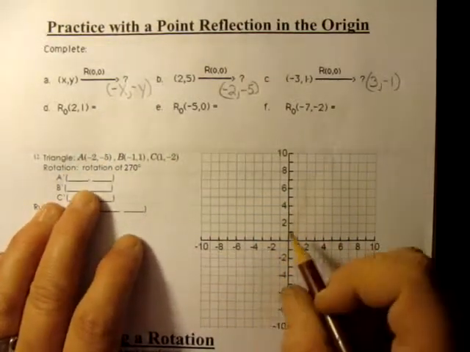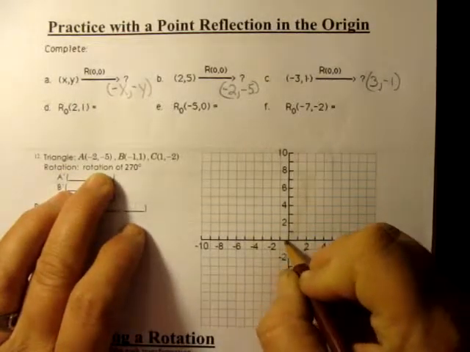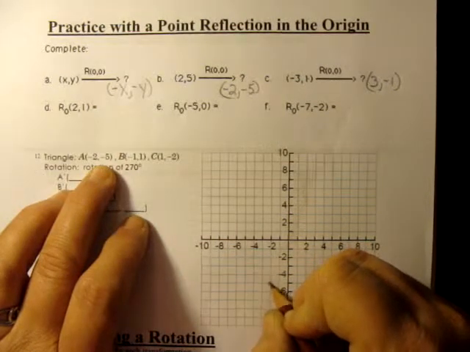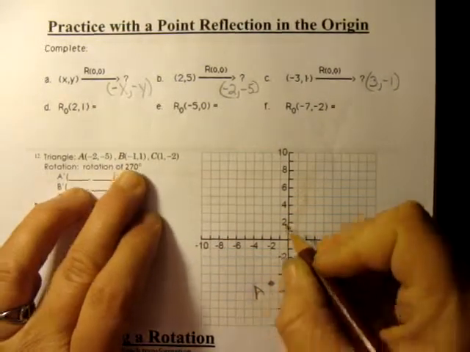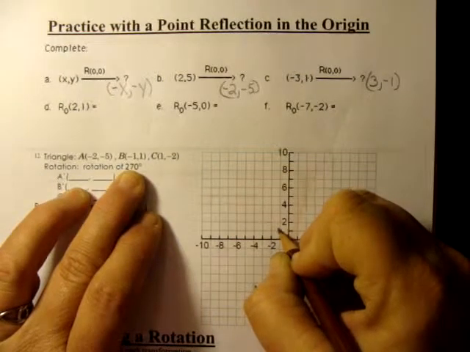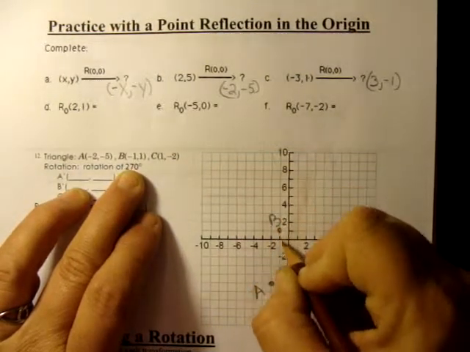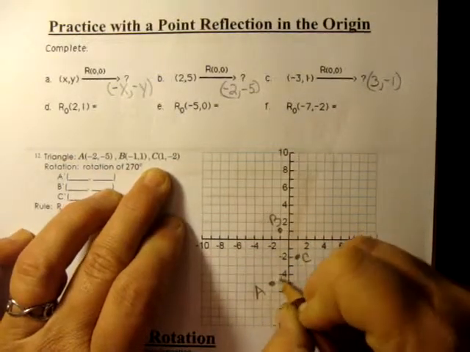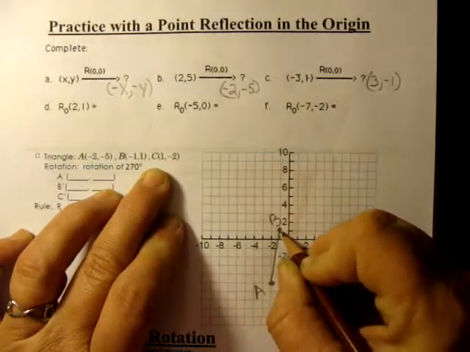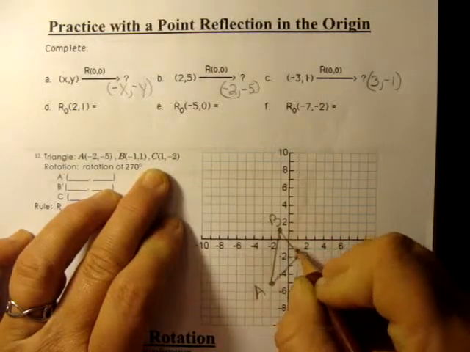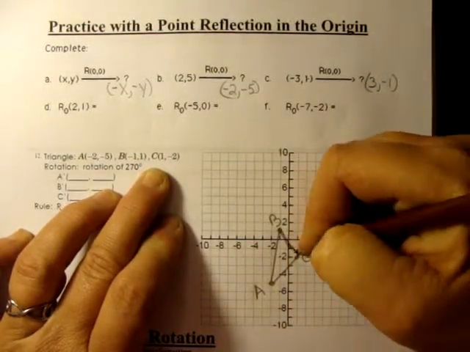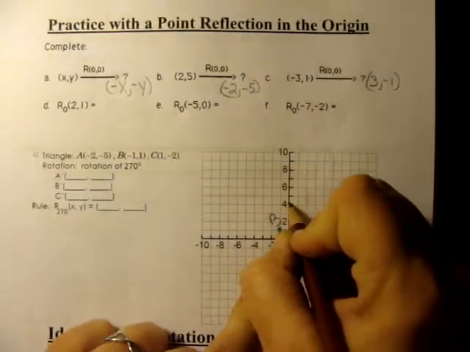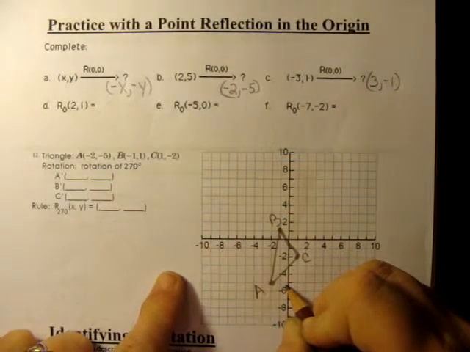On to number 12. The points are (-2, 5), (-1, 1), and (1, -2). So here is our picture. Now, if we were going 270 degrees, that would be 90, 180, 270.